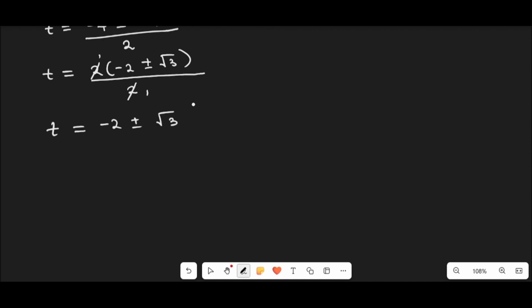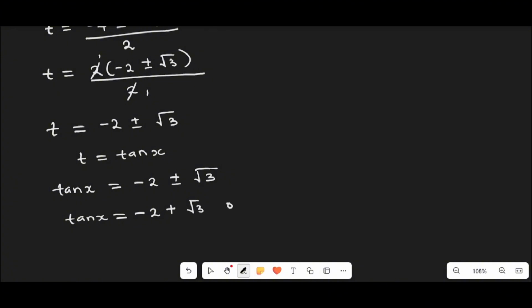But recall that T equal to tan x. So we can say tan x equal to minus 2 plus or minus root 3. So we can say tan x equal to minus 2 plus root 3, or tan x equal to minus 2 minus root 3.